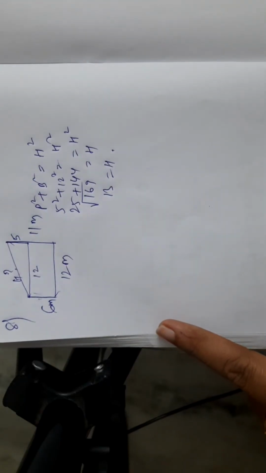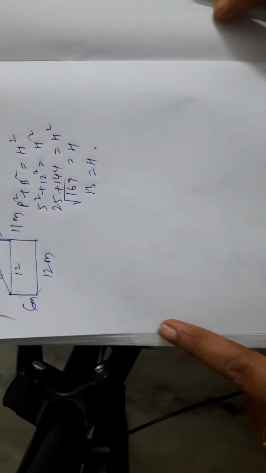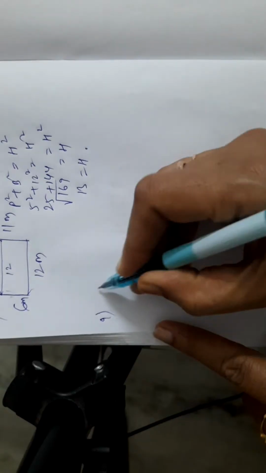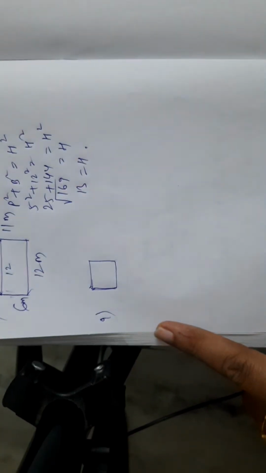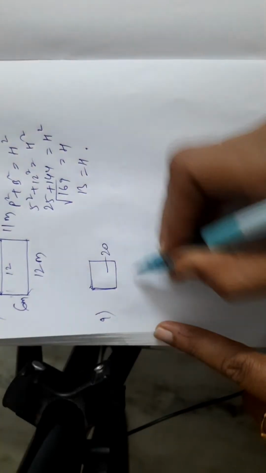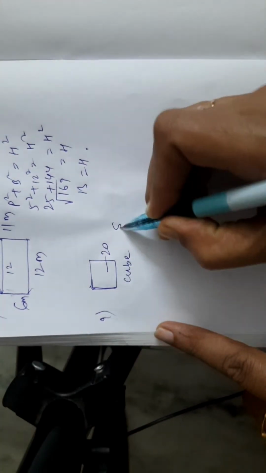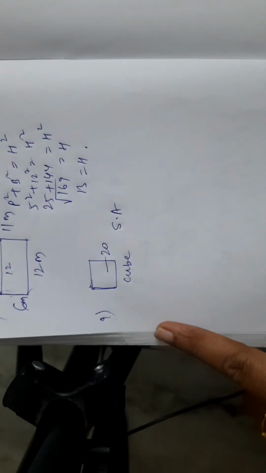Now the next question. If the perimeter of one face of cube is 20 meter, then the surface area of the cube. So it is given perimeter of one face is 20. This is a cube. We need to find surface area of cube.